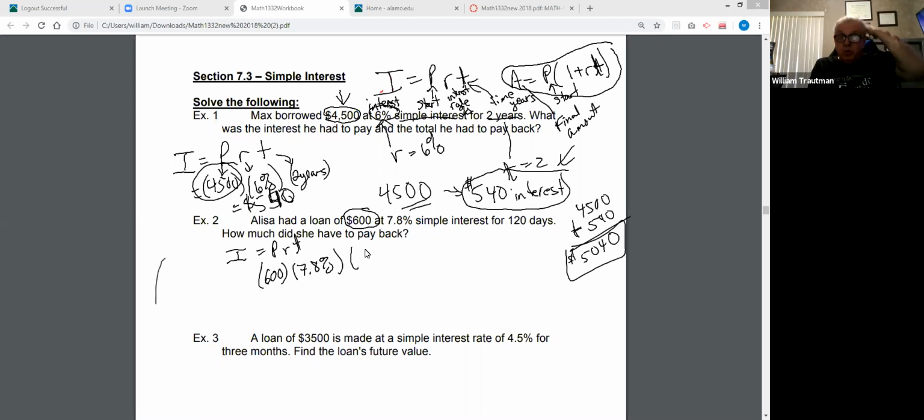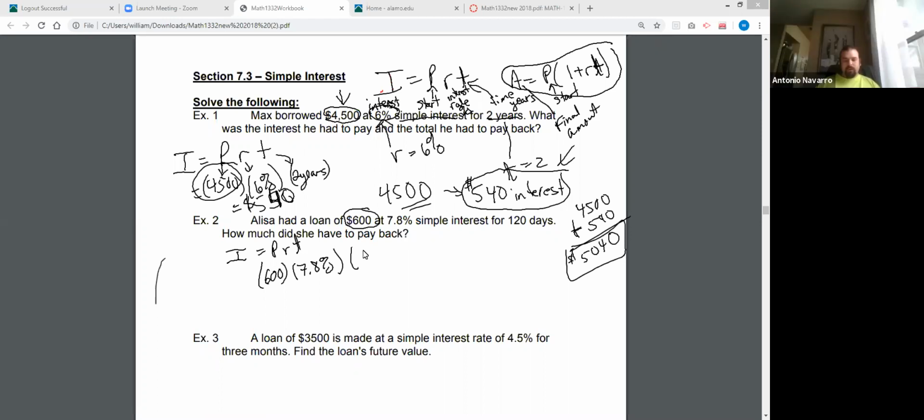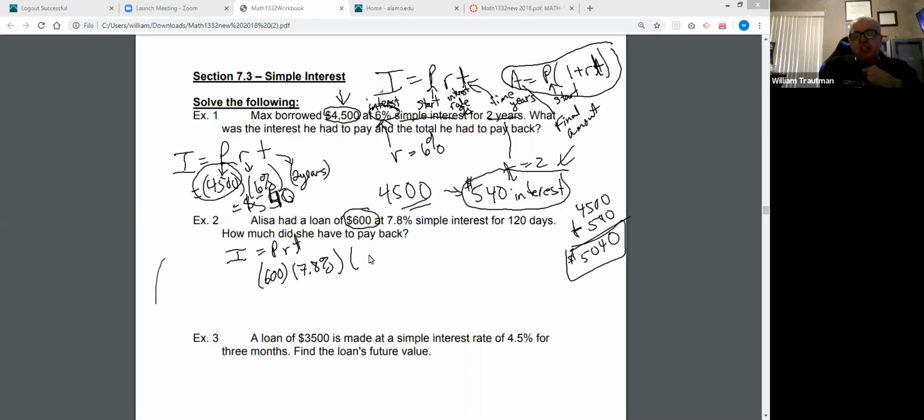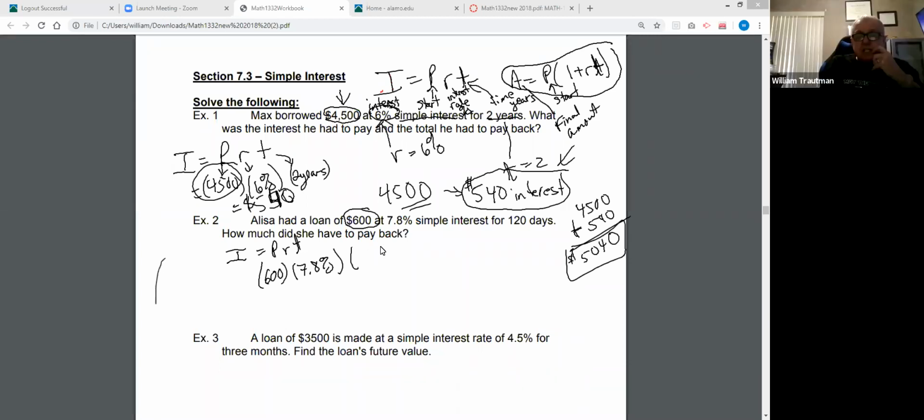Does anybody know what I should put for time? 120 days is about 4 months. But we have to put it in years. Time is always in years.